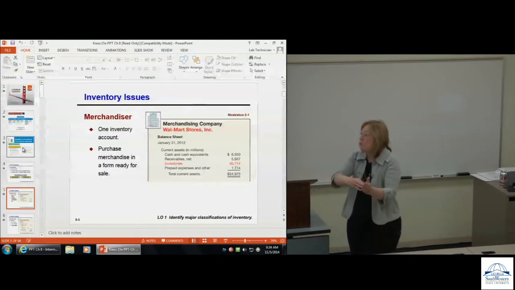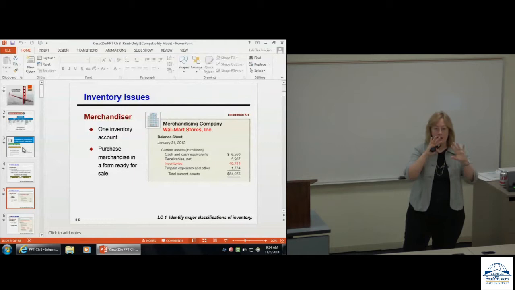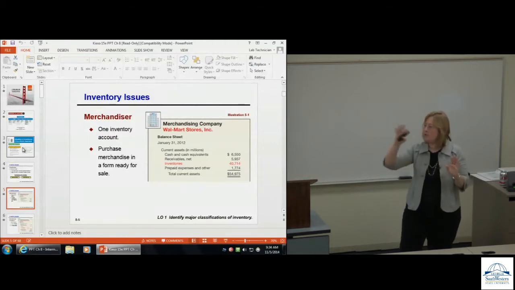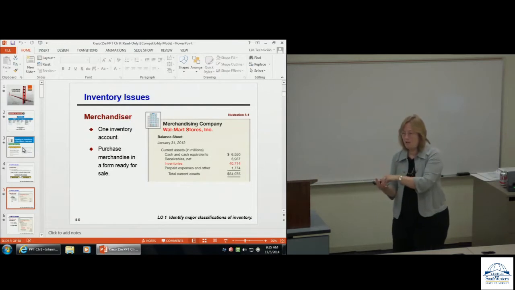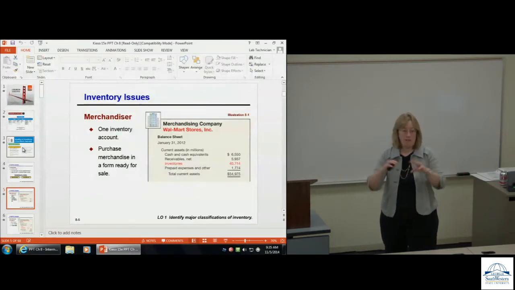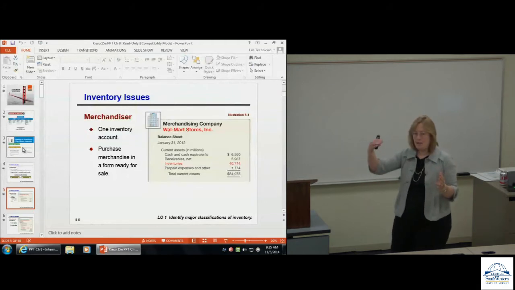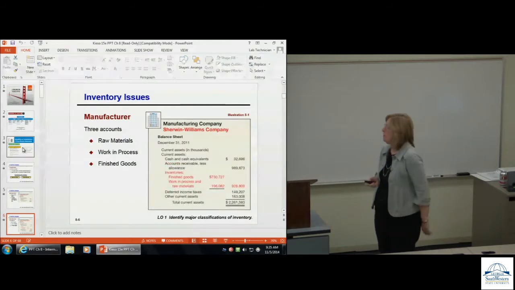The inventory goes directly to cost of goods sold. So the cost of the item stays as an asset until it's sold, at which time that cost goes to the income statement as cost of goods sold, because that is matching the revenue from the sale with the cost, putting it in the same period. Okay.